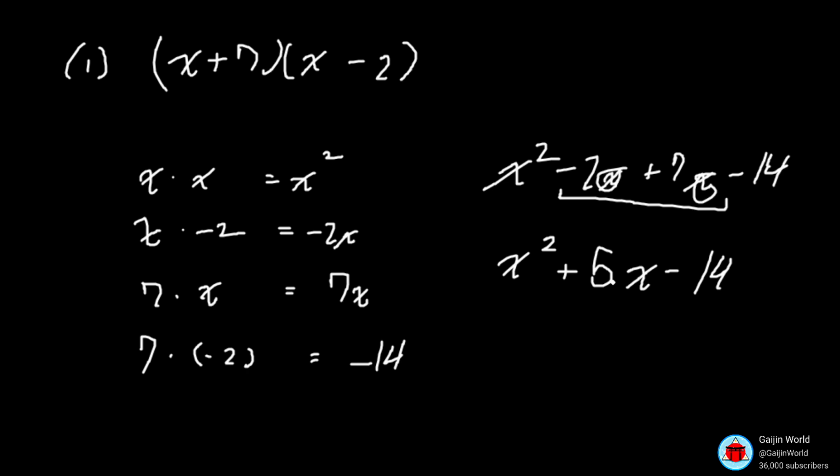Now if you're wondering why that is a 5 and not 9, it's because this is a minus number, I mean a negative number. A negative plus a positive is like a subtract. You subtract 2 from 7 because it's a negative number. So 7 minus 2 would be 5. So now this is the answer.